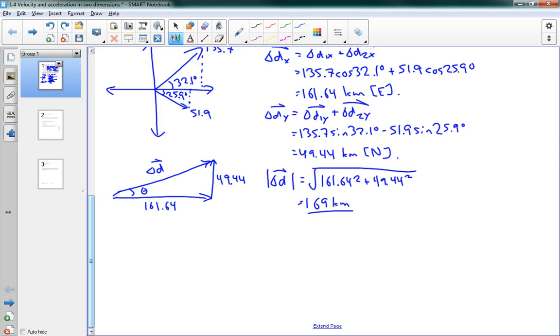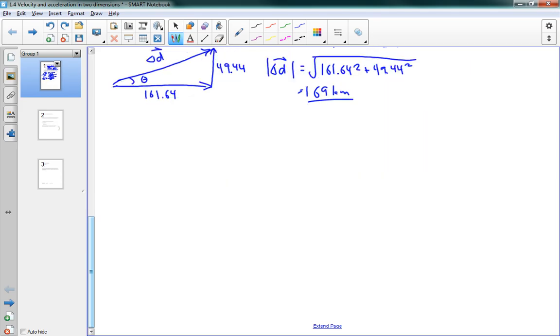Good. So now we need theta, the angle, and this is going to be using the tan ratio. So we have tan inverse of the opposite, 49.44, over 161.64.